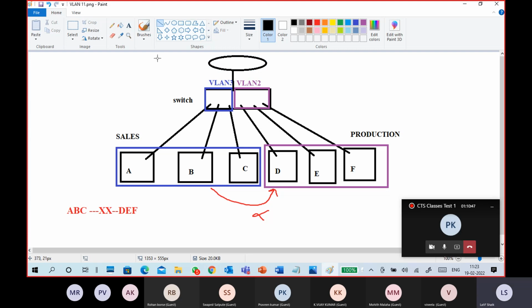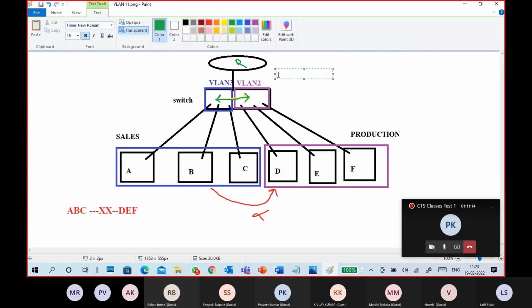Through this router, we can make communication between one VLAN and another VLAN. The router makes communication between one VLAN and another VLAN. That is called inter-VLAN.